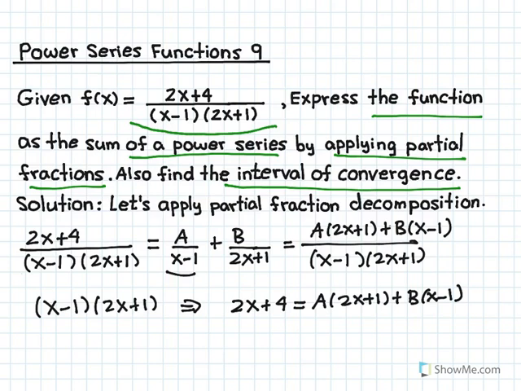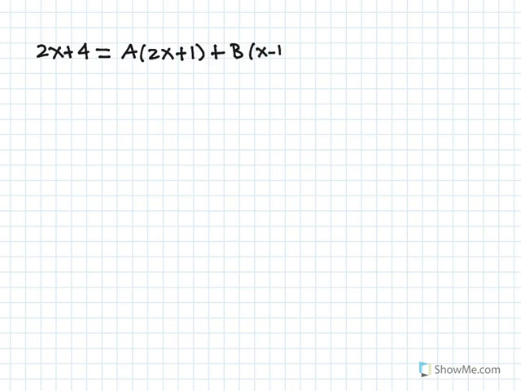Now we have to solve for A and B. So what we have is 2x + 4 is equal to A times (2x + 1) plus B times (x - 1).